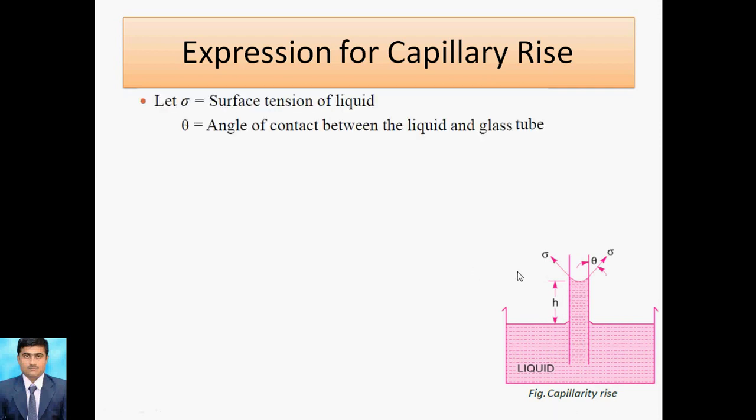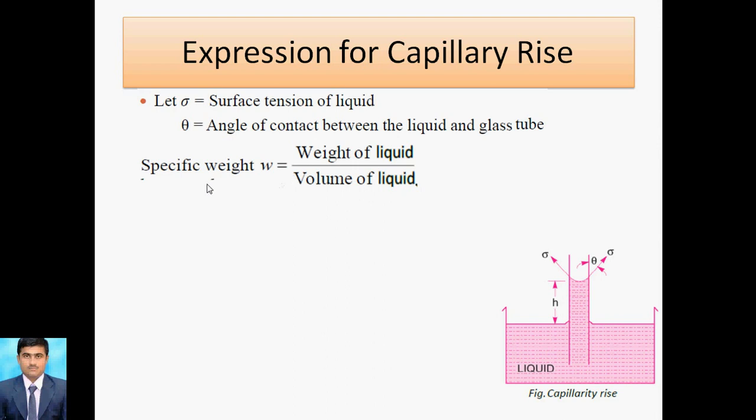Here sigma is the surface tension, h is the height of the liquid level, so the height of the capillary rise, and theta is the angle of contact. Previously I mentioned theta. In a capillary rise, this theta is an acute angle.